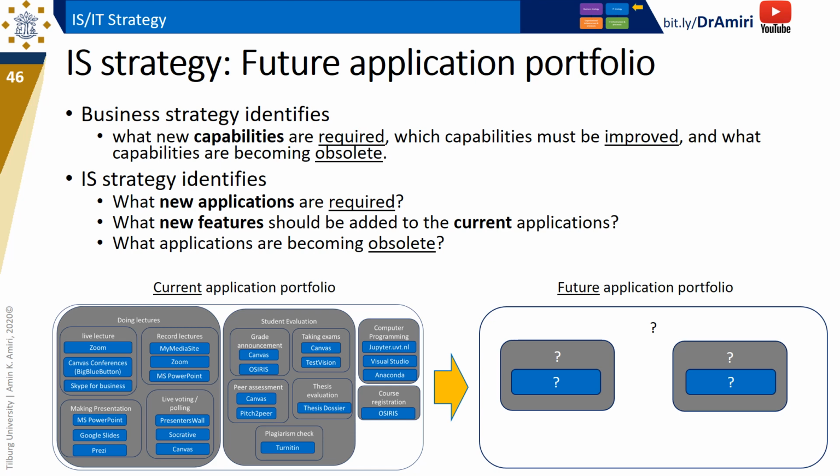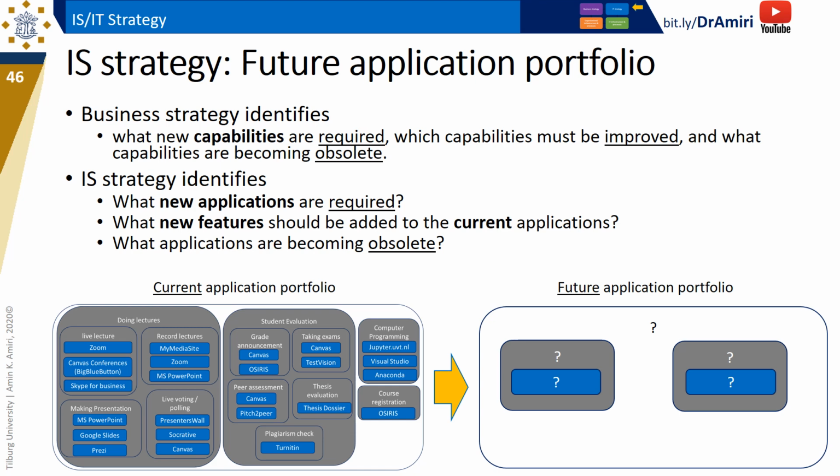So an IS strategy gets the requirements from the business strategy and maps them to new required business applications or new features in the current applications or removing some applications. So you can see here that we have, for example, this current application portfolio for Tilburg University.